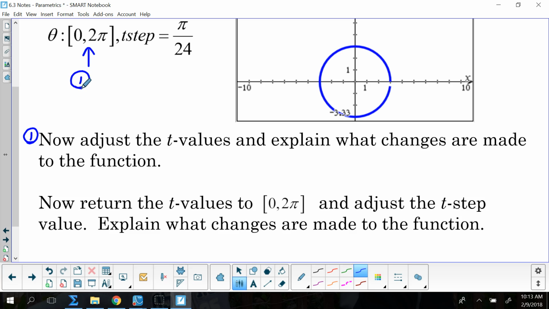Then, second, adjust your t-step to different numbers. Go bigger, go smaller. Adjust it all around. I am going to give you 6 minutes, until the big hand's on the floor, to do that adjusting.